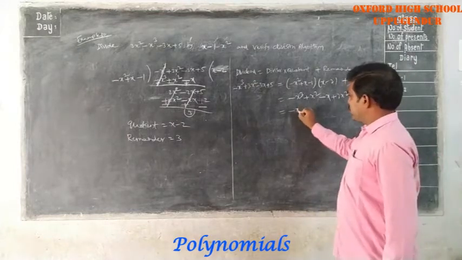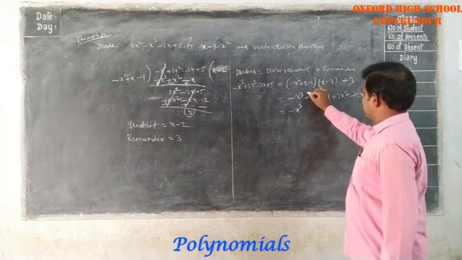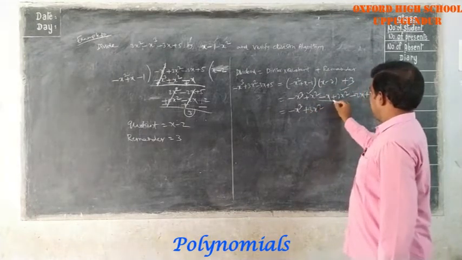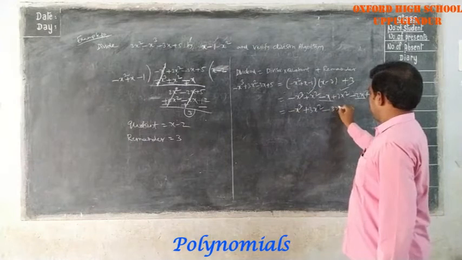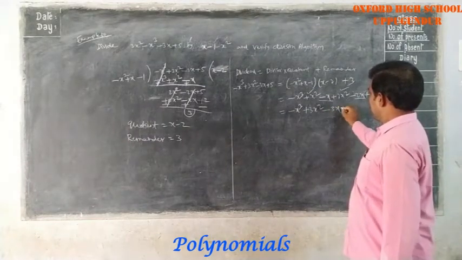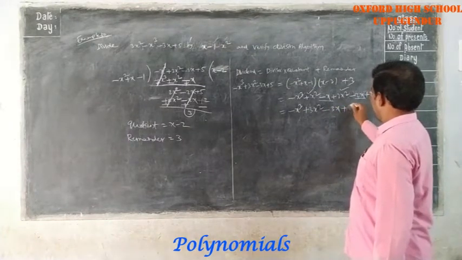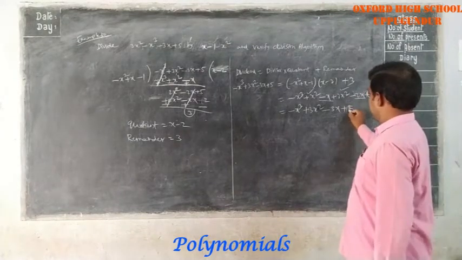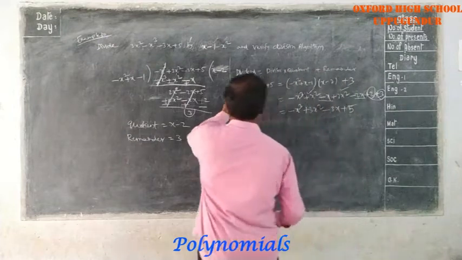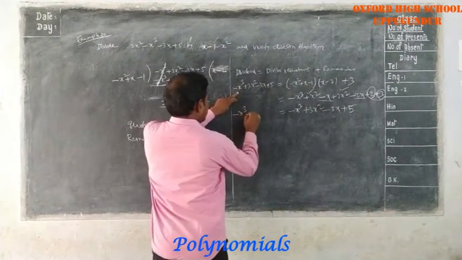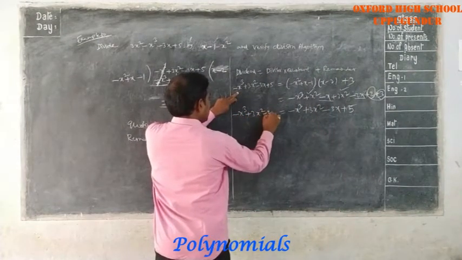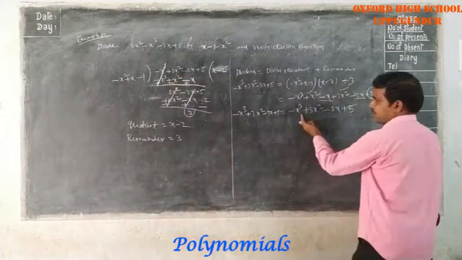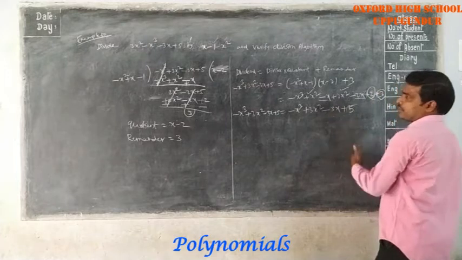Now minus x cube, plus x square, plus 2x square, plus 3x square, minus x, minus 2x, minus 3x, plus 3. Again constants, plus 2, plus 3, plus 5. So same we are getting here. Here what is dividend? Minus x cube plus 3x square minus 3x plus 5. So in the right hand side also we are getting minus x cube plus 3x square minus 3x plus 5.